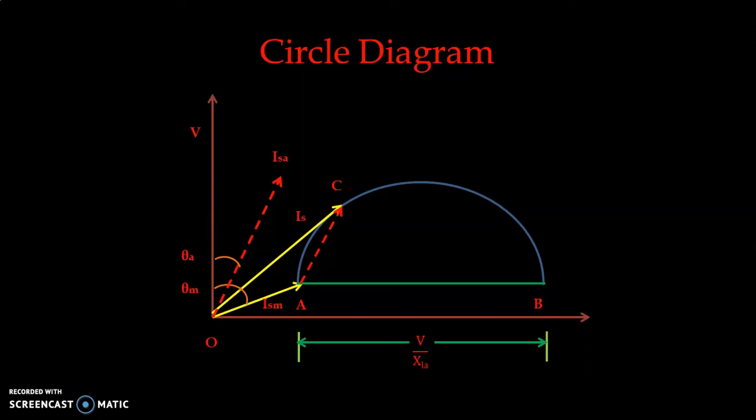So starting current for the main winding is constant.